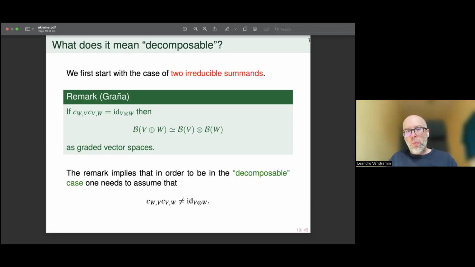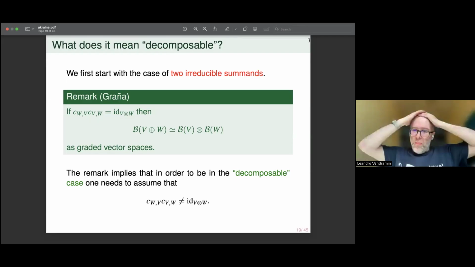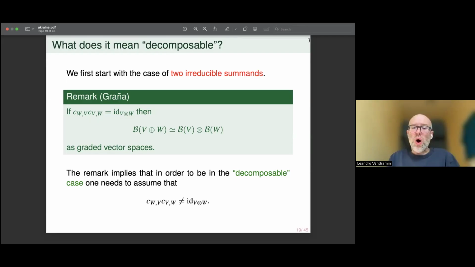So when you have a sum of two simples, and the square of the braiding is the identity, then I'm not really in a proper decomposable case. To be in a proper decomposable case, I want to assume that the square of the braiding is not the identity.